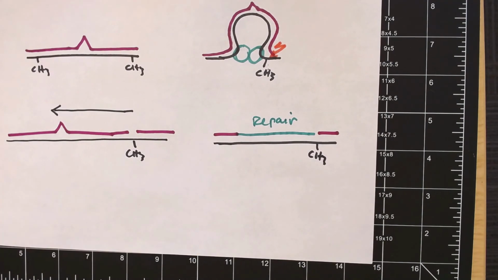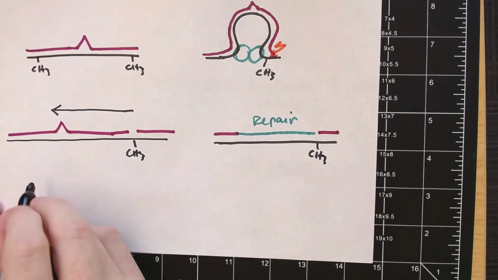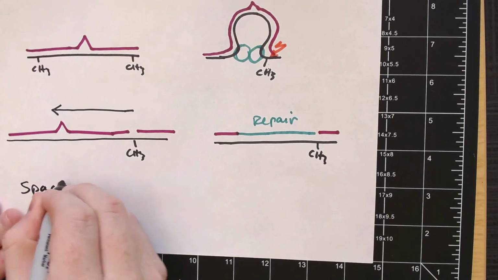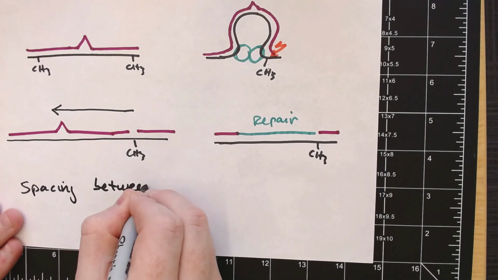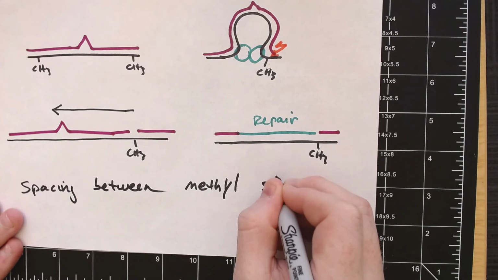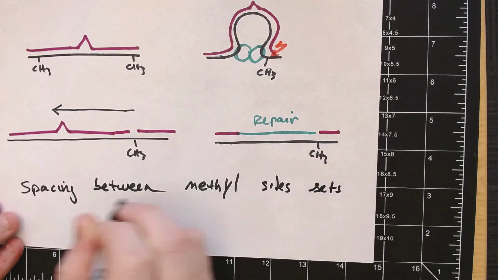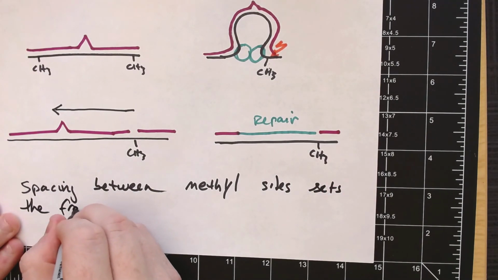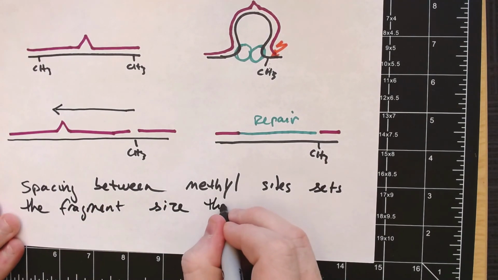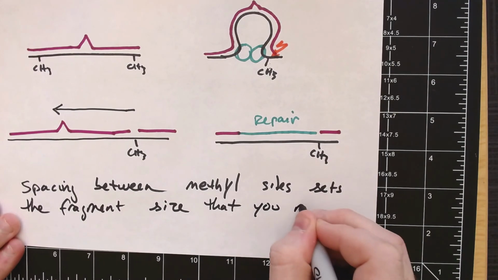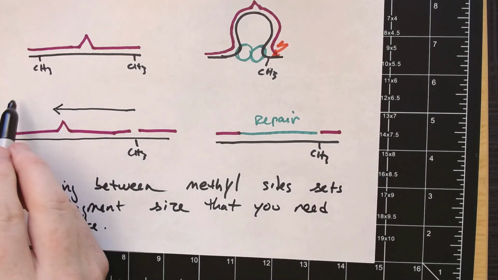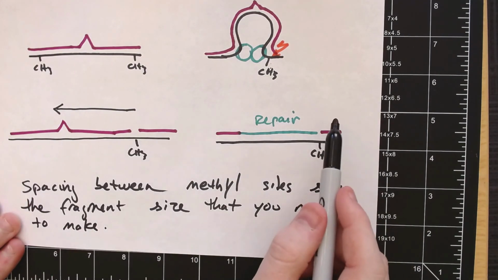And so with this type of repair pathway, one of the big things is the spacing between methyl sites sets the fragment size that you need to make, right? So if your methyl groups were very close together, then this fragment might be small.